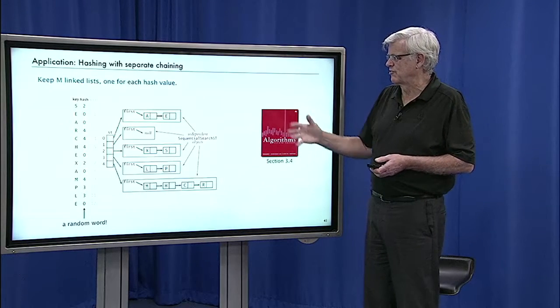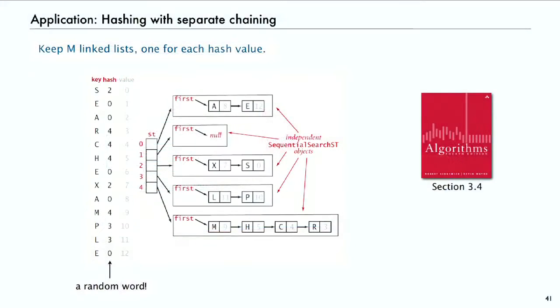So hashing with separate chaining is really easy to implement, and this is just a diagram from our algorithms book that shows a hash table of size 5. The keys are letters, and the hash values are supposed to be random values between 0 and 5. So the sequence of hash values is just a random word.